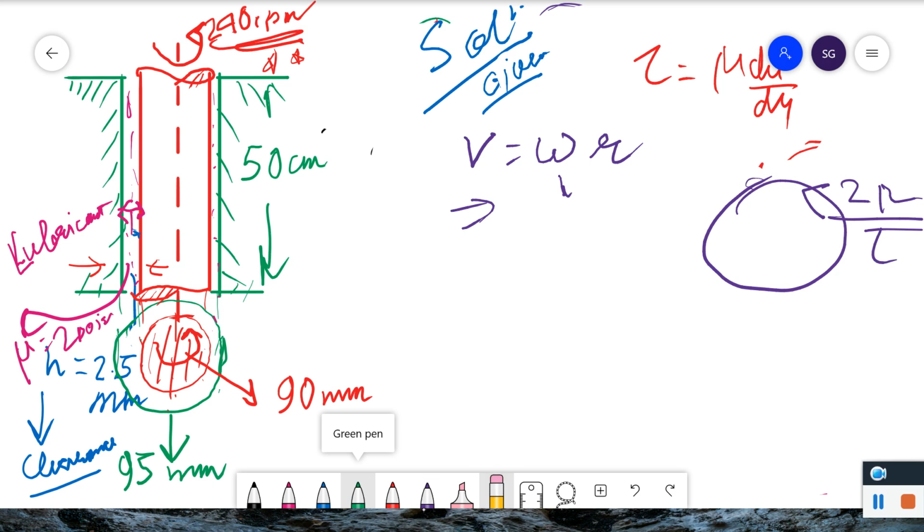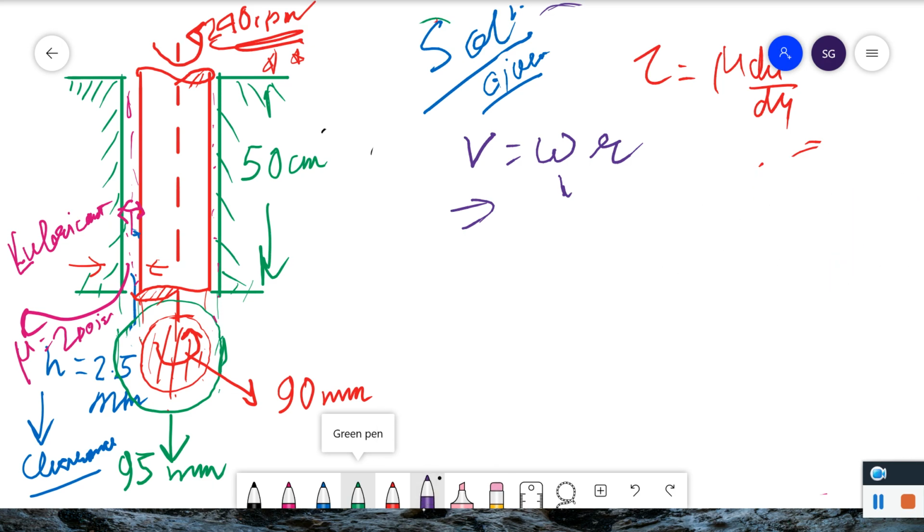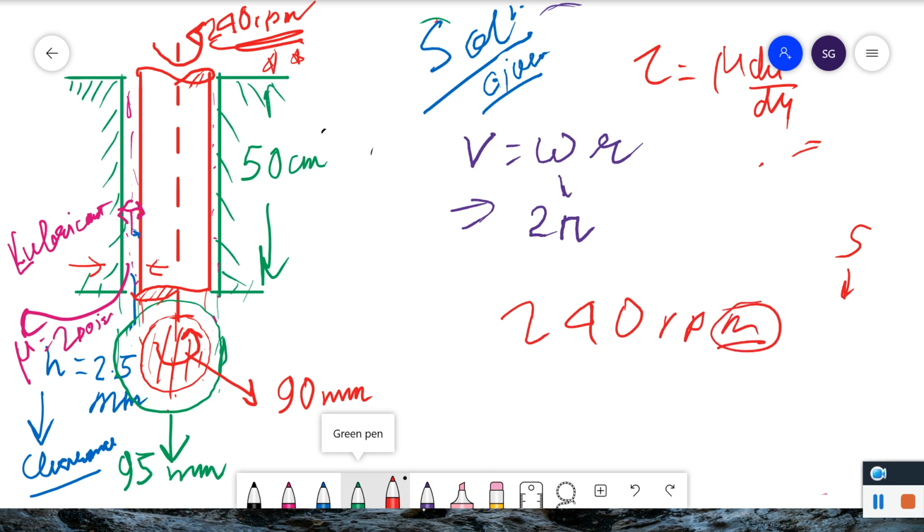So we have to just write it as 2 pi. Here we are considering seconds as the SI unit, and it is given in rotation per minute. So consider this 240 rpm. What is 240 rpm? Rotation per minute. So that is 2 pi upon 60.